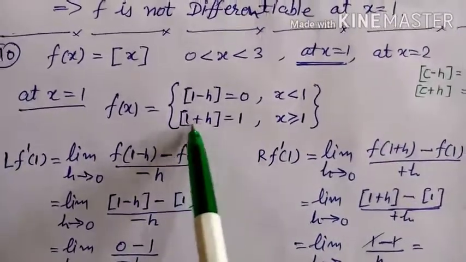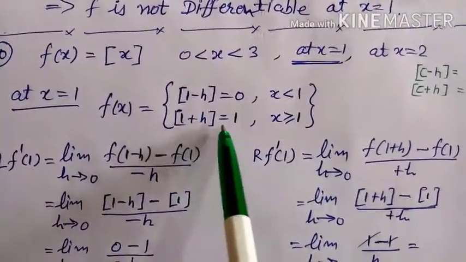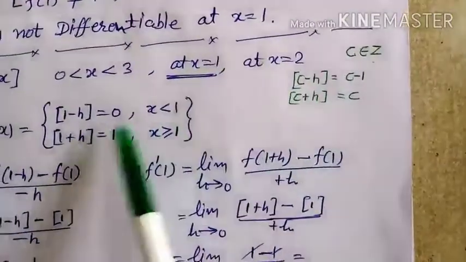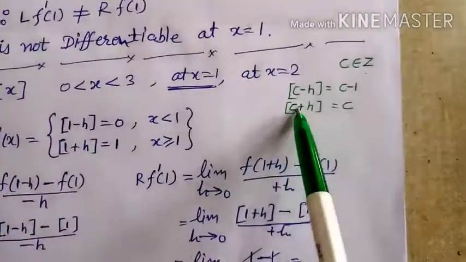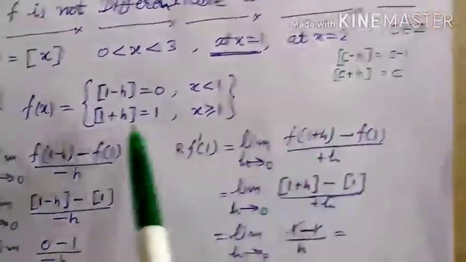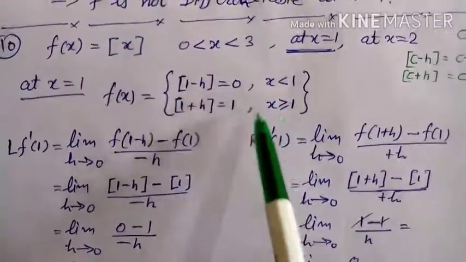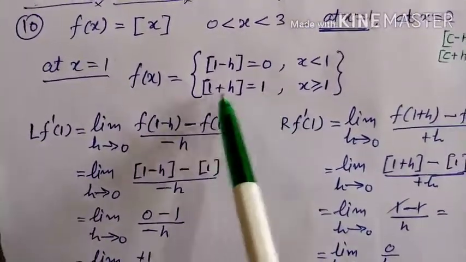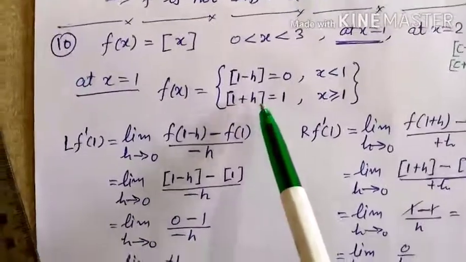And if it is 1 plus h, here h is very small, so it will be only 1 remaining. In place of c, suppose 1, then 1 minus h means 0, and 1 plus h means 1 as it is. So when it is less than 1, then it will be 0, and when it is greater than or equal to 1, then it will be only 1. So this is the greatest integer function.